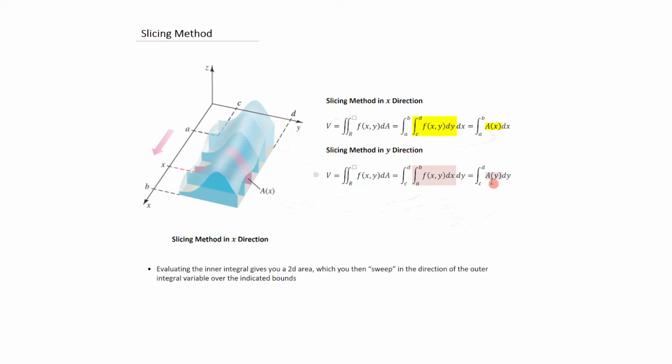So this A of y basically would look similar to this, except instead of going in this direction, it'd be going in this direction. Okay, so that's basically what we mean by the slicing method. It's an easy way to visualize it. Later on, you may not even use that terminology. You would just do the integral. It just becomes second nature.